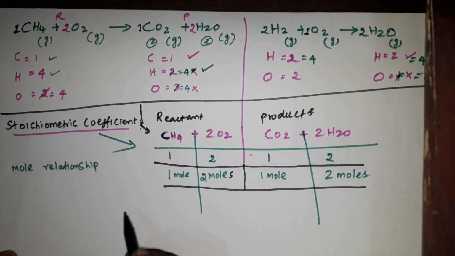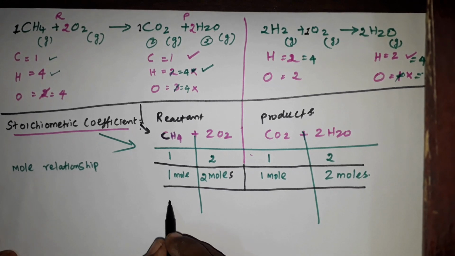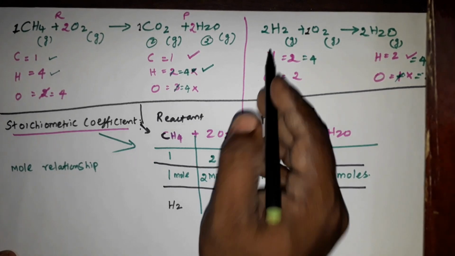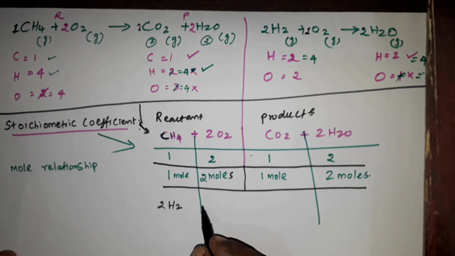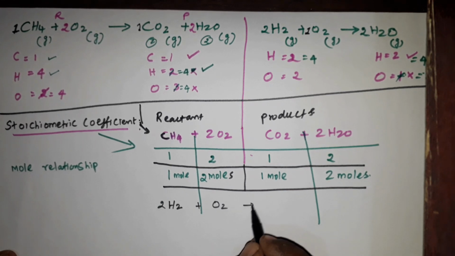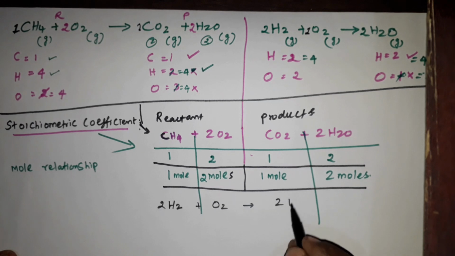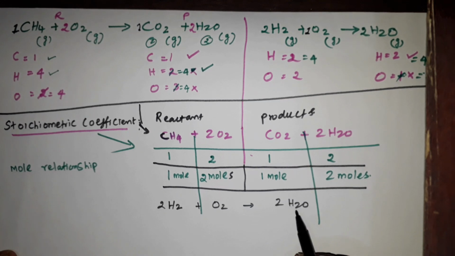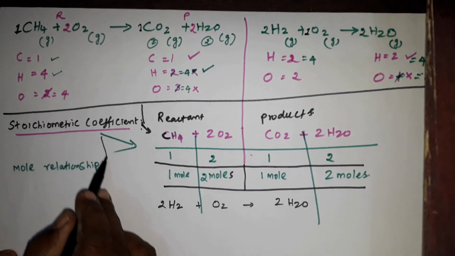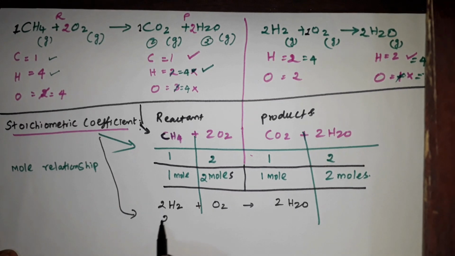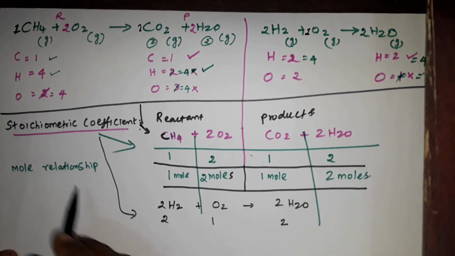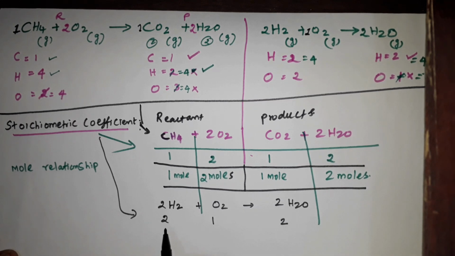Then come to this equation, that is H2, the second equation, that is 2H2 plus O2 gives 2H2O, only one product. Now what is the stoichiometric coefficient? 2, 1, 2. Then how will you express in terms of mole?